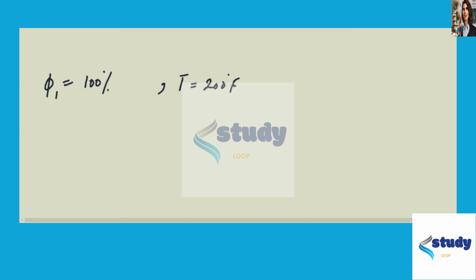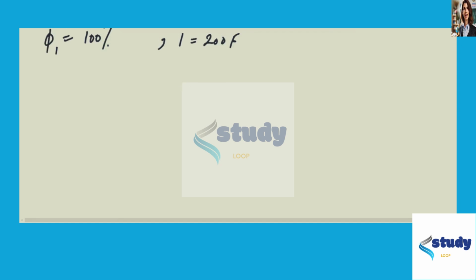So we've got PV1 equal to phi 1 into Pg1, which is 1 into 11.538 psi.